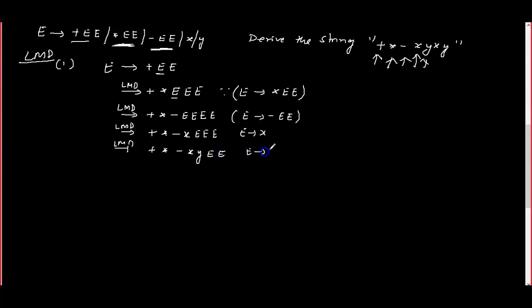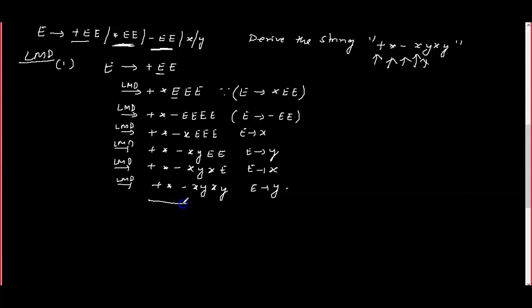You have to do it step by step. Okay, so you cannot do it all together. Minus X, Y, then X, and then E. E derives X. So we can't change everything at once. No. I have to show that step by step. It's parsing here, that's why. Getting it?